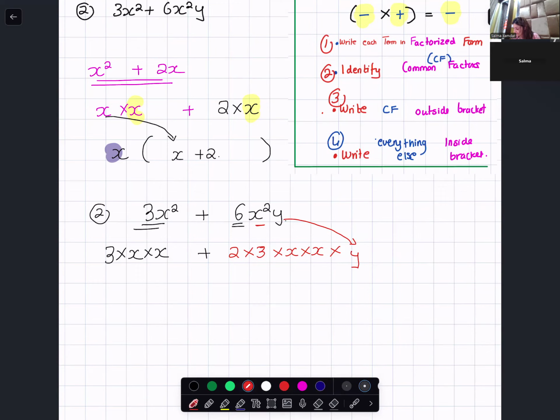So the common factors are 3, x and x. So the common factor is 3x squared. Whatever is the common factor, I will keep outside, everything else inside. So over here, if everything goes outside, I am left with 1. What is left over here is 2y. Factorization done.